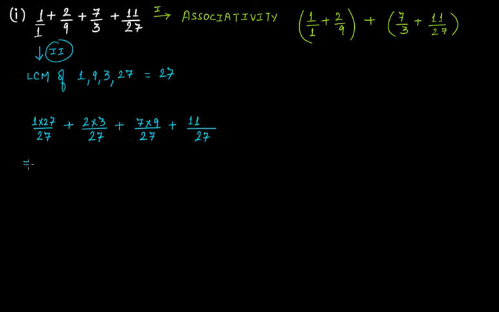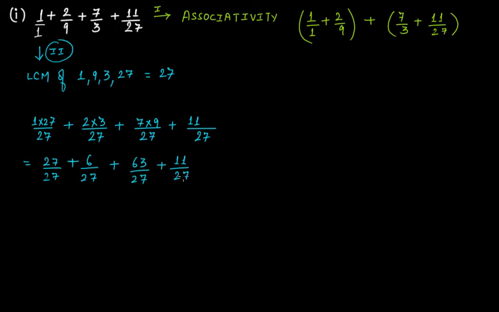Now this becomes 27 over 27 plus 6 over 27 plus 63 over 27 plus 11 over 27, right?